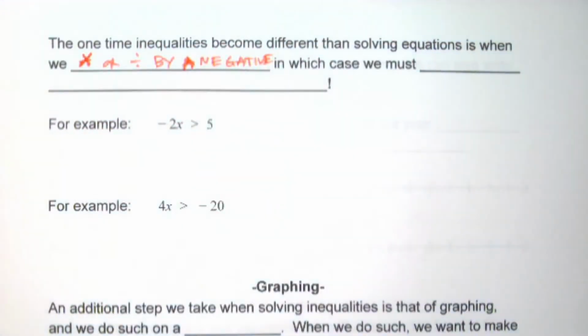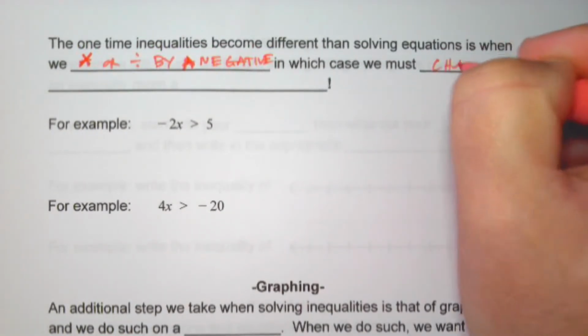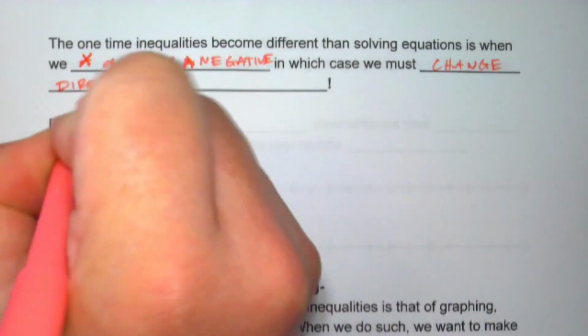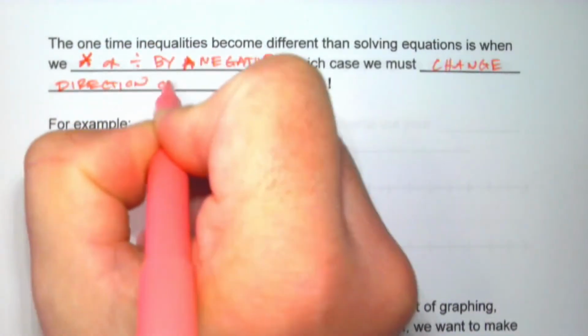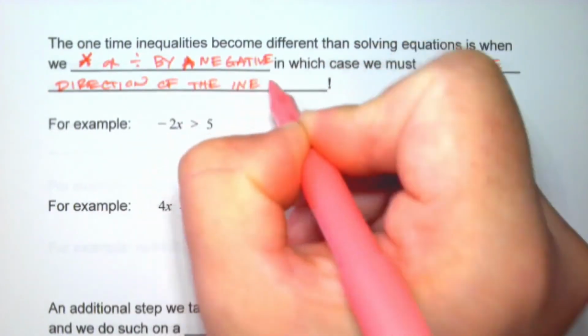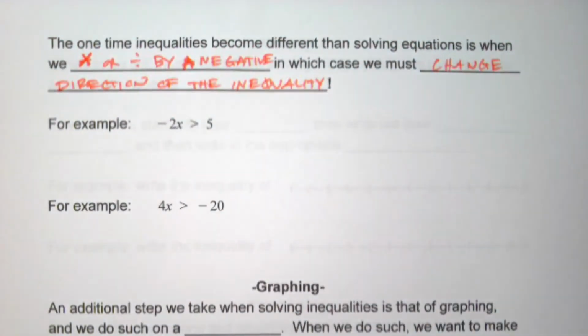So anytime you multiply or divide by a negative number, you must change the direction of that inequality. And we're going to see in 2 examples what we mean by that.